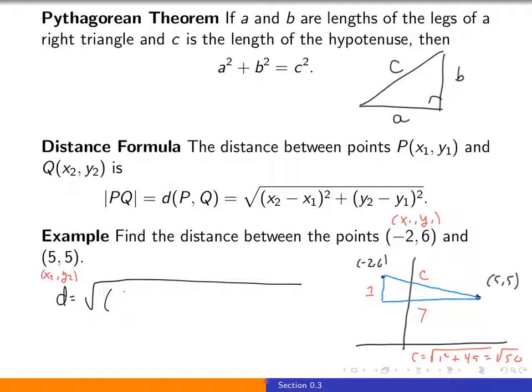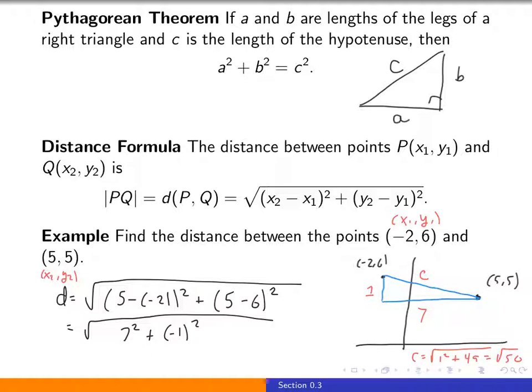So we have 5 minus minus 2 squared plus 5 minus 6 quantity squared. So this becomes the square root of 7 squared plus minus 1 squared. 7 squared is 49, 1 squared is 1. So once again, we find that that distance is the square root of 50.